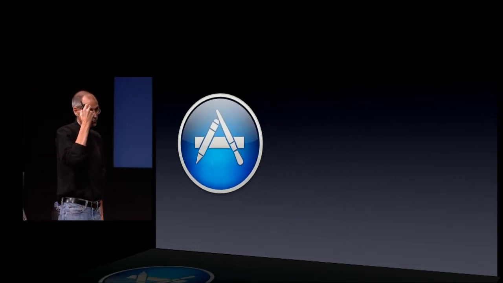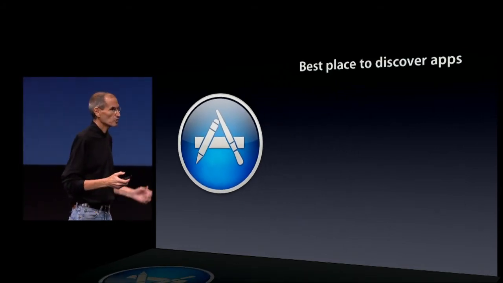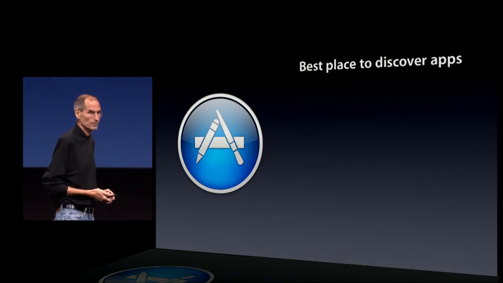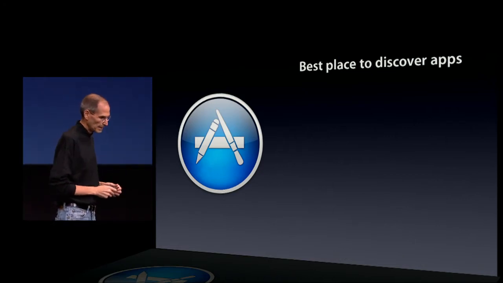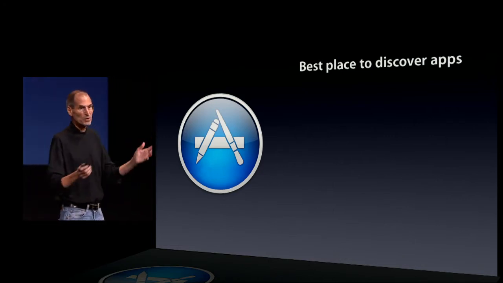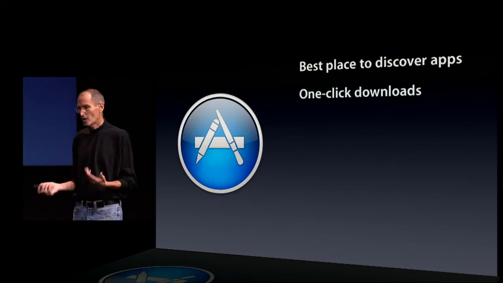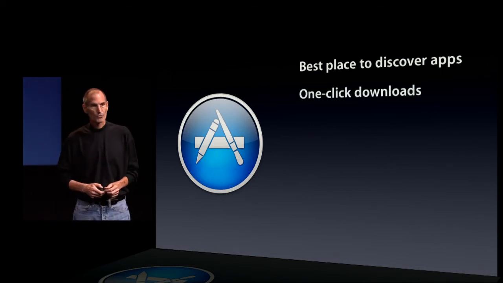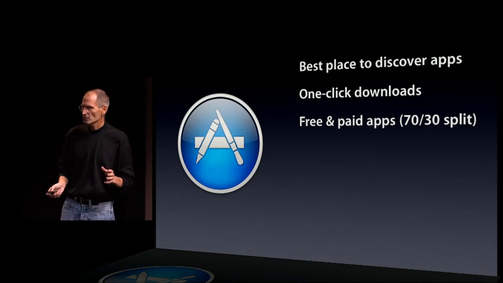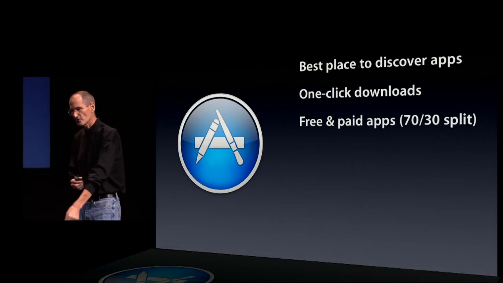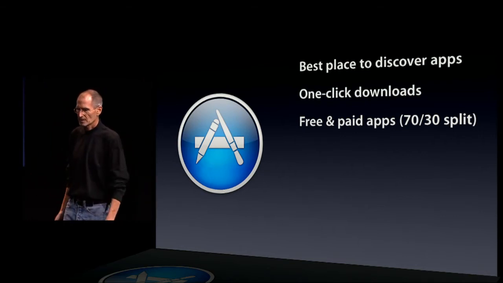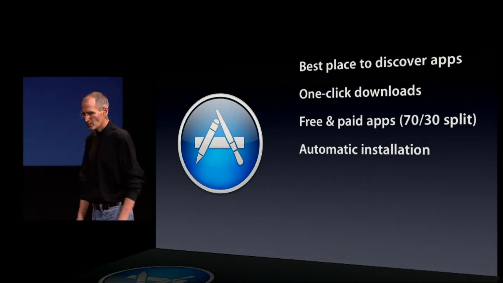What are going to be the characteristics of this store? Well, it's going to be the best place to discover apps, just like it is on the iPhone and the iPad. Won't be the only place, but we think it'll be the best place. One-click downloads, free and paid apps, and it's the same deal for the developers. They keep 70% of the revenues. Automatic installation. You won't have to do anything special.